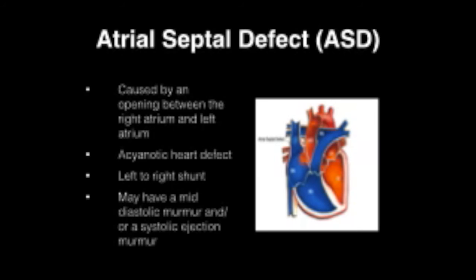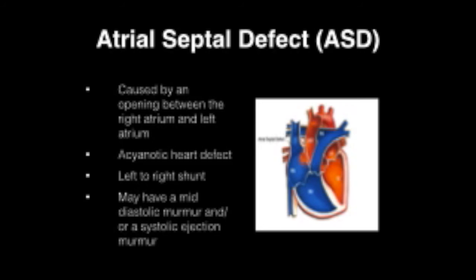Now, instead of remembering which of these are left to right shunts and which ones are acyanotic heart defects, think about the physiology involved. The left heart has much more pressure than the right heart, so it seems intuitive that the blood would go from a higher pressure environment to a lower pressure environment.